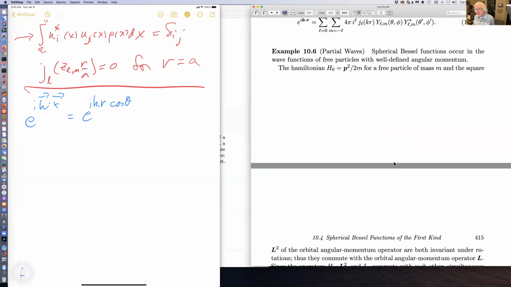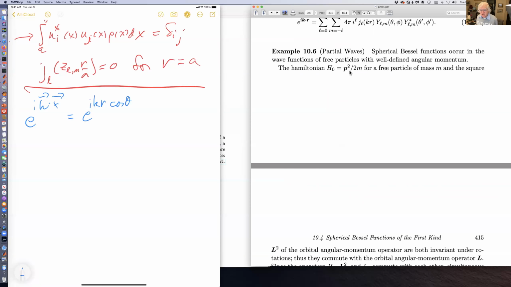And so these spherical Bessel functions occur often in problems where you have spherical symmetry. And so if you have the scattering by a spherically symmetric potential, then you can expect that spherical Bessel functions may occur. So the Hamiltonian for a free particle looks like this.